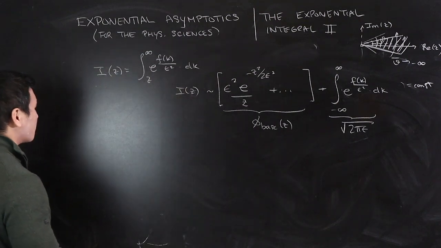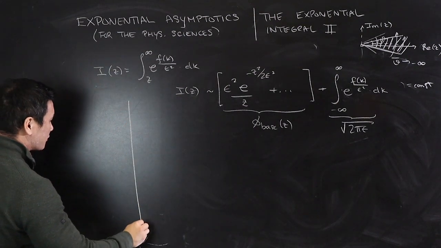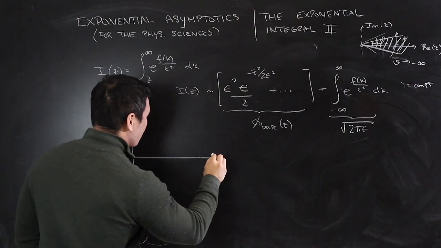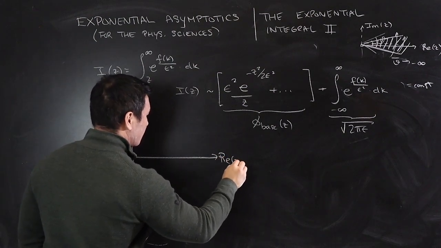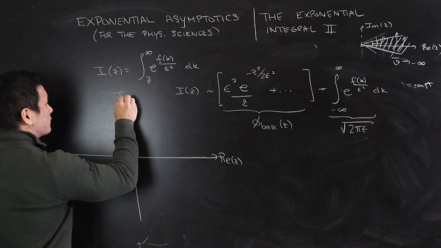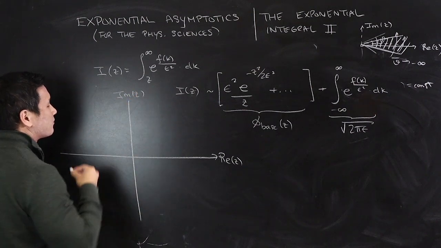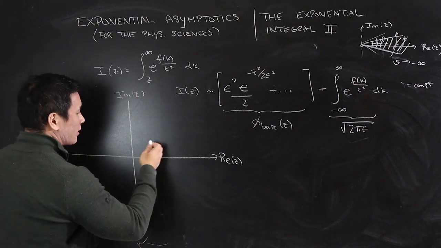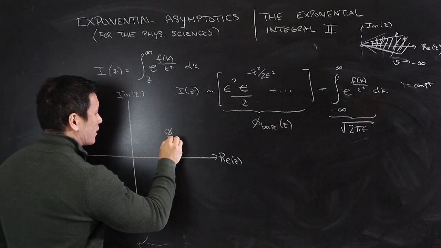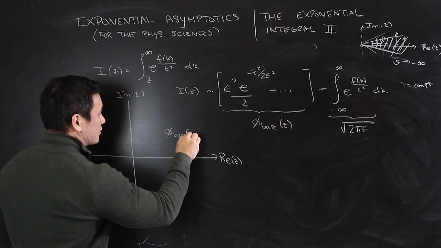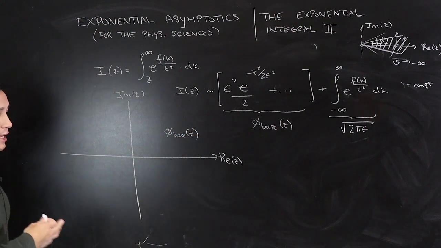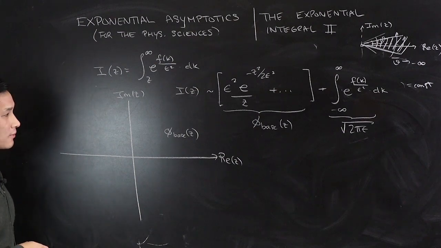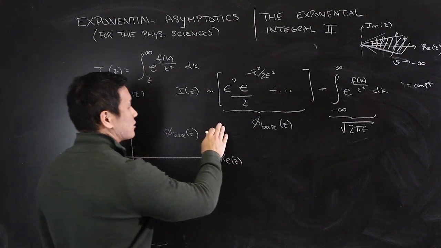Okay, so the next graph we want to do is the real part of z against the imaginary part of z. The idea is that if I'm in the right half plane here, then my asymptotic approximation is just this base series, because it's just the endpoint contribution of z. It's just this approximation here.